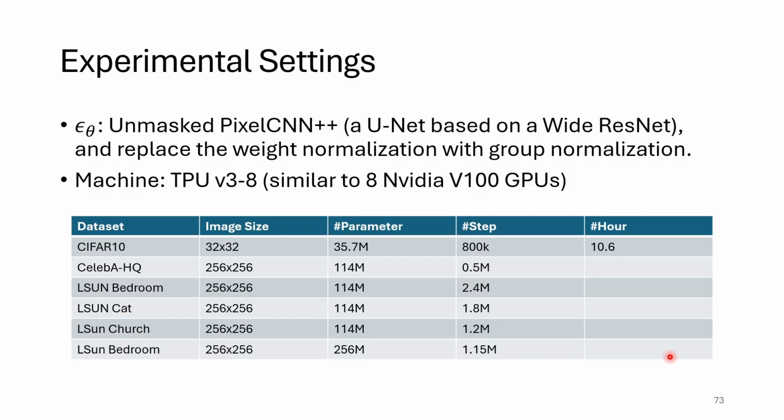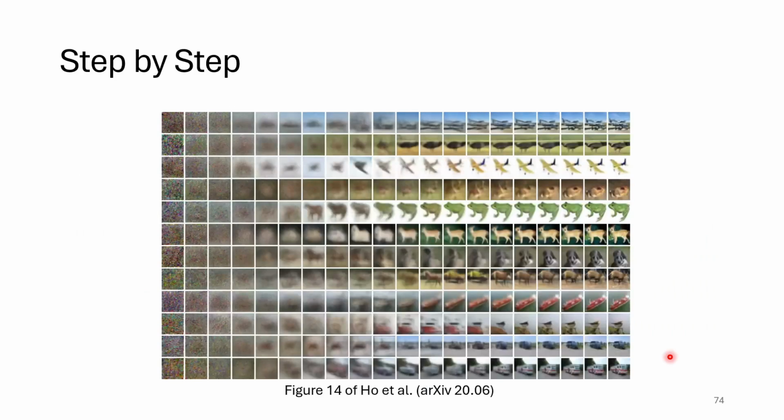What I want to talk about is that they developed a method and generated a result like this one. Given a noise input, they train the neural network, so they can step by step reconstruct the clear image or generate images, and this is their final result.